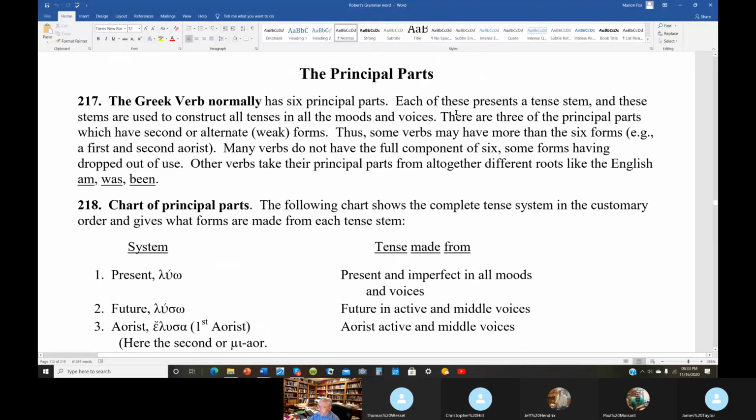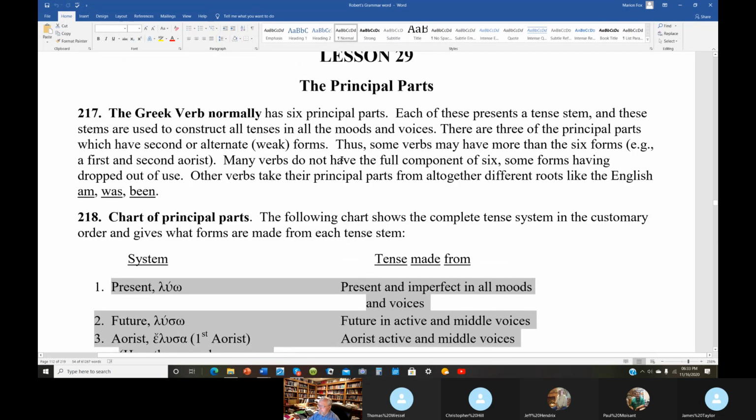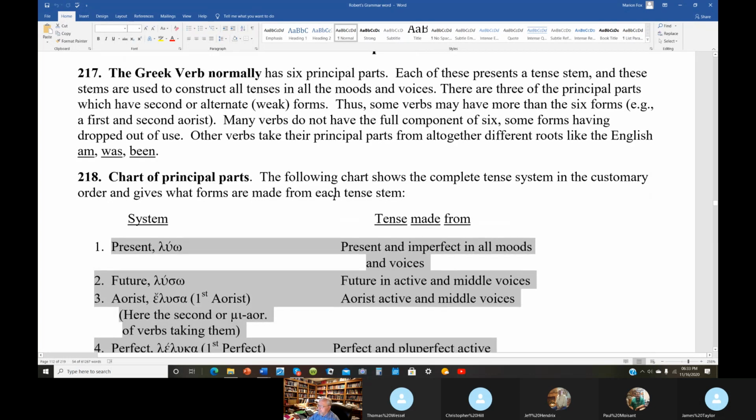Now, each of these presents a tense stem. These stems are then used to construct all tenses and all moods and voices within this table down here. Some verbs have more than 6 forms.